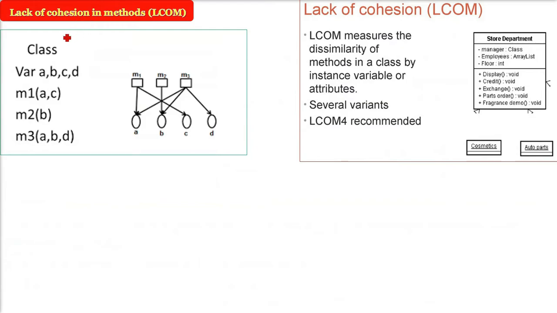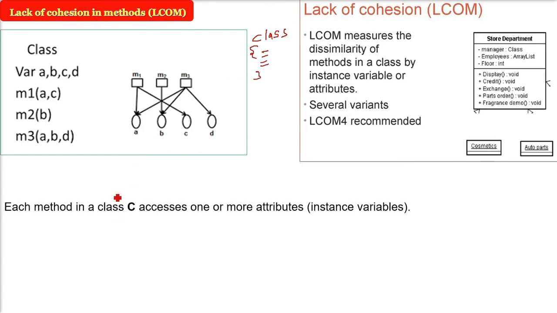Lack of cohesion in methods, LCOM. Now LCOM measures the dissimilarity of methods in a class by instance variables or attributes. There are different variants. Let me take an example of a class. We want cohesion to be there inside a class.